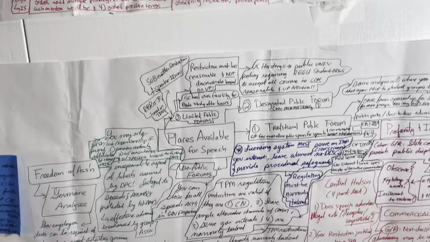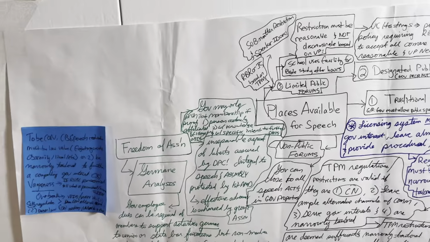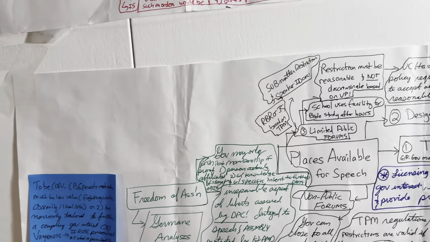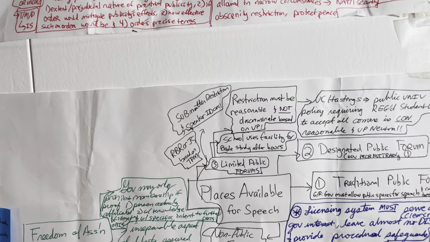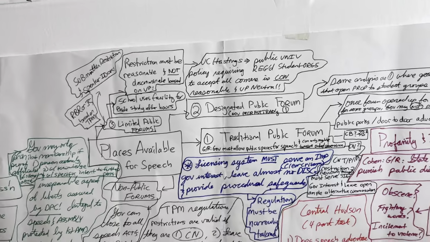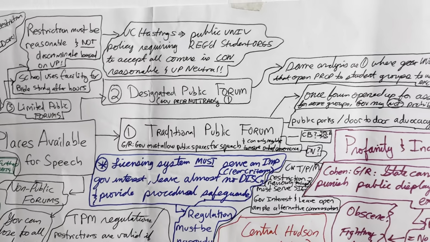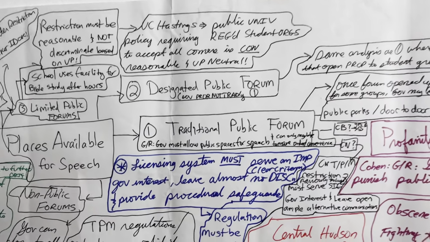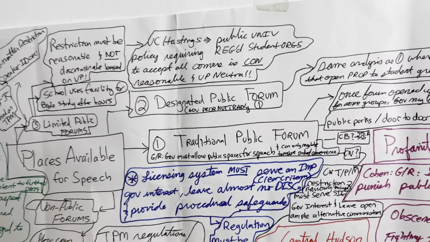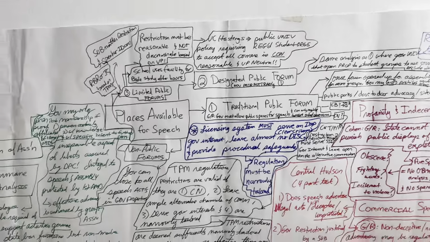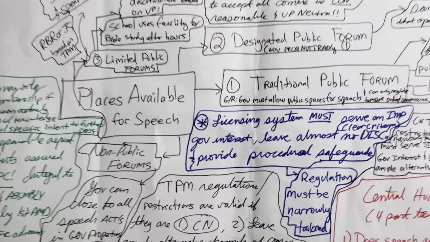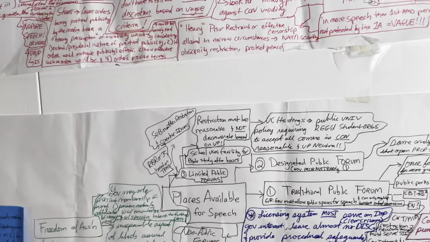So now we'll talk about forums, places available for free speech. We'll first discuss the issue of traditional public forums. Now, the general rule here is that the government must allow public spaces for speech and can only regulate to ensure order or some sort of convenience.